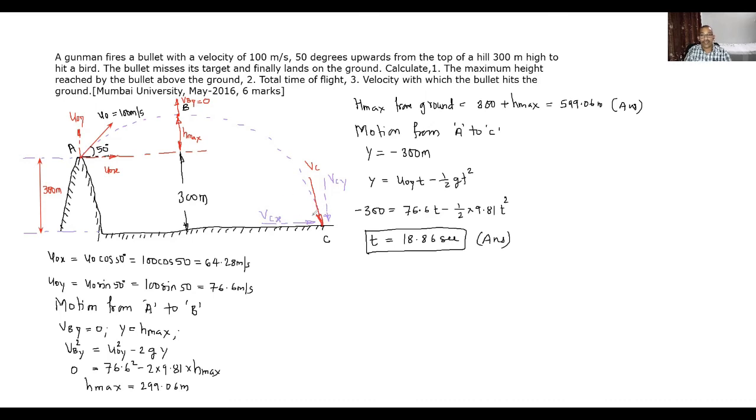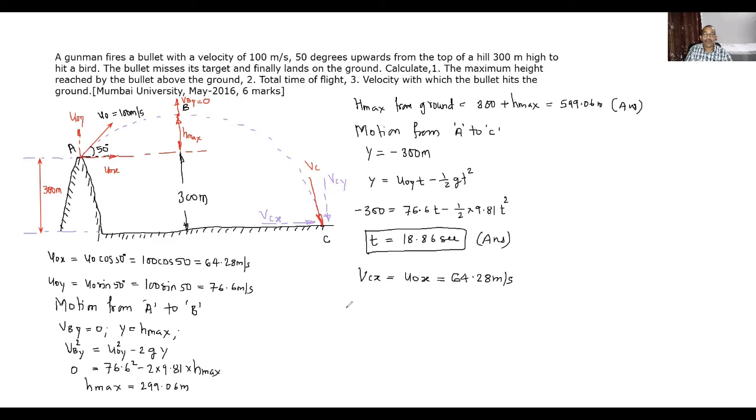Now to find these components, you know in projectile motion the horizontal component of velocity always remains constant. That means your Vcx is nothing but u0x, because there is no acceleration along the x-axis. The horizontal component of velocity always remains constant and is equal to 64.28 meters per second. This is your u0x, meaning Vcx.